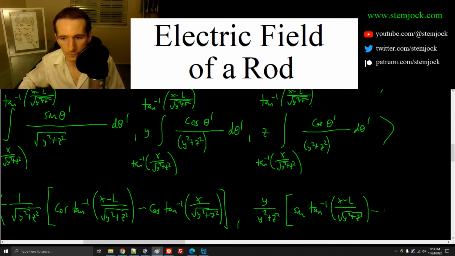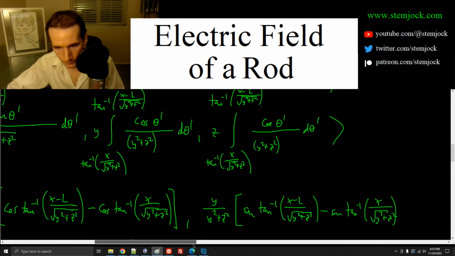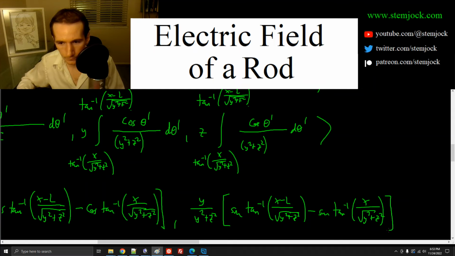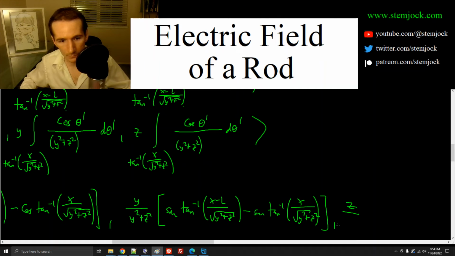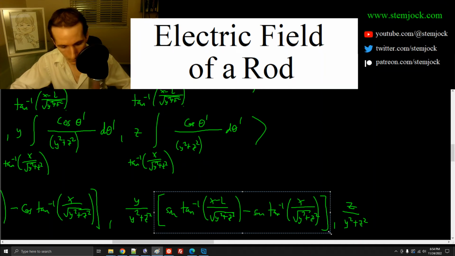And now minus sine of the inverse tangent of x over square root y squared plus z squared. The third component is going to be very similar, but with a z in the numerator because of right here. So that's going to be z over y squared plus z squared. And I'm just going to copy and paste all of this.